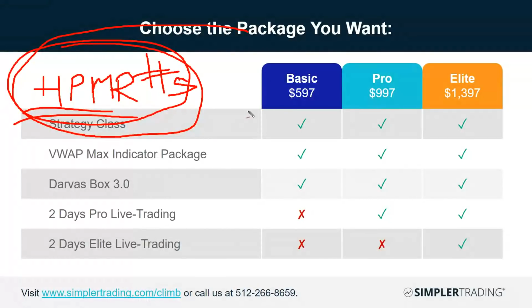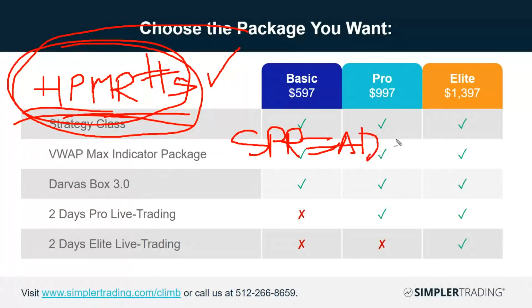One thing that some of you may or may not know is the HPMRs that I use, those of you that are members of the Mastery or the Simpler Futures room, you'll know that I do upload the ongoing HPMRs in those rooms, okay? So it's not going to be ongoing, but you will have what you need for the class, and you will have all the detailed instructions. I did this manually with a spreadsheet for a very long time, and I'll be happy to give you all that spreadsheet.